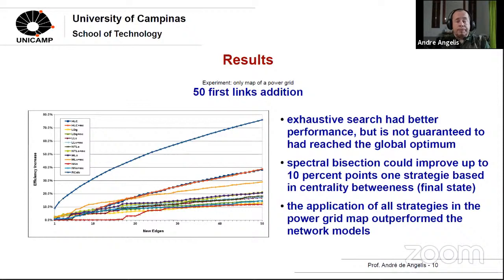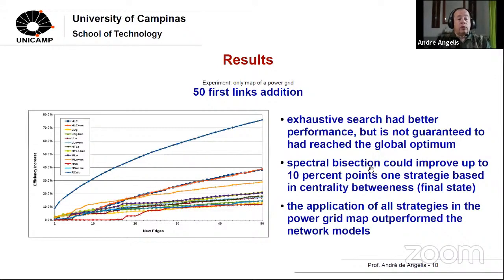It is because when we did this experiment, we put in the edge that brought the greatest increase in the efficiency. Then we repeated it and repeated it again. We have a good result, but if we put all the 50 edges at the same time, the global optimum could be different.